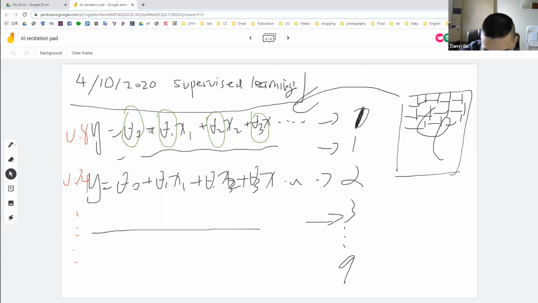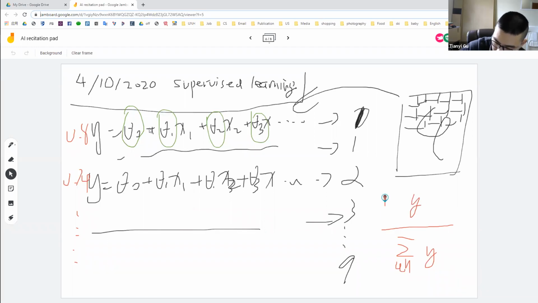Then you normalize and find the largest one. So you sum all the y's, and for each y you divide.